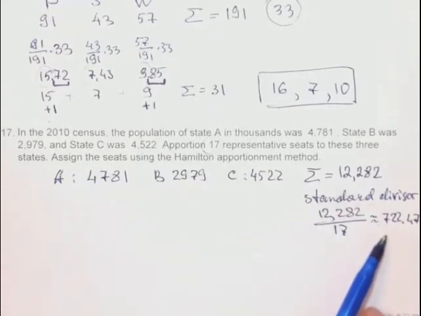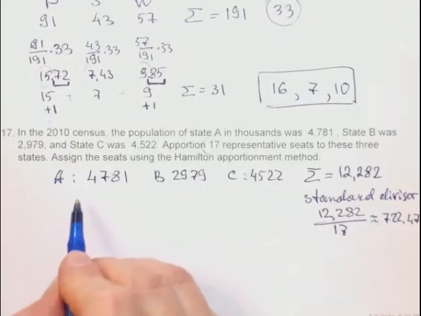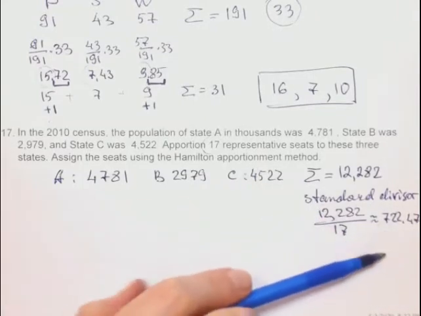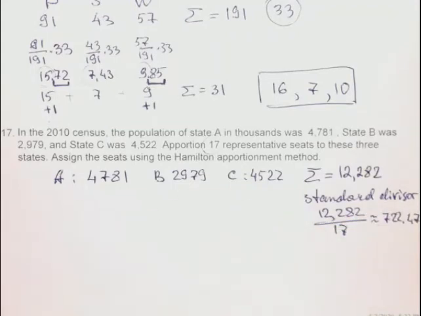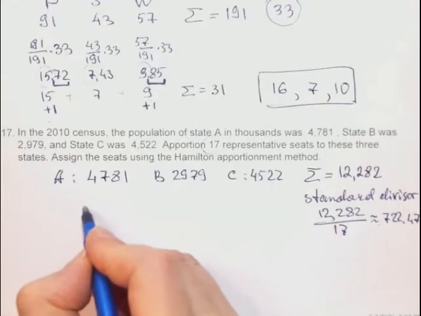So do not round too short. Since if you take, well, 720 for this, you can get wrong fractional parts, so your apportionment will not be correct. So with standard divisor, the next step is divide by this standard divisor.